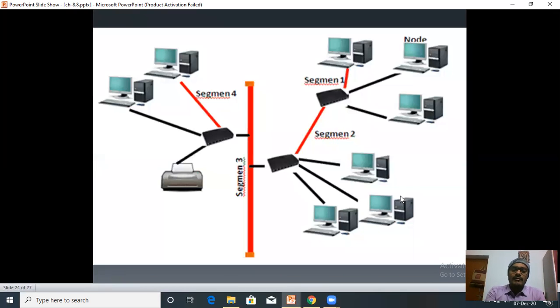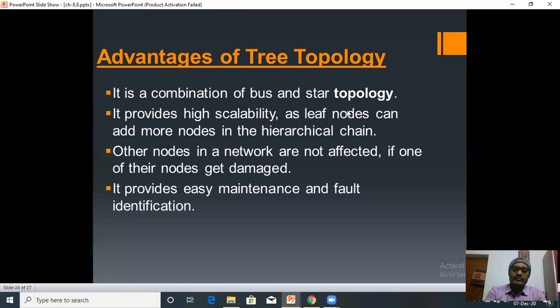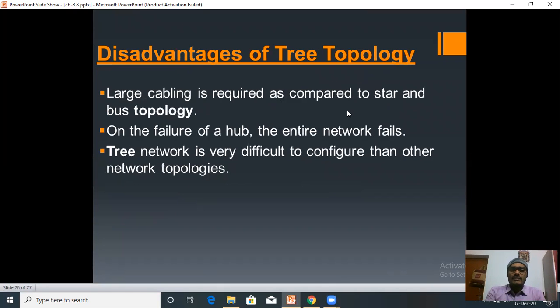In this, if one node is damaged, other nodes are not affected. It provides easy maintenance and fault identification. Its maintenance and identification is very easy. So you have studied all the topologies and their advantages and disadvantages. I hope you all have understood the topic.